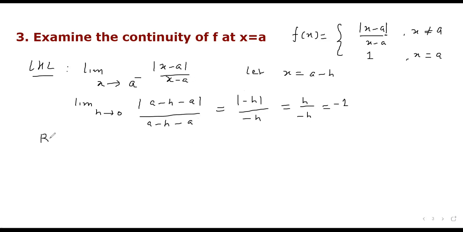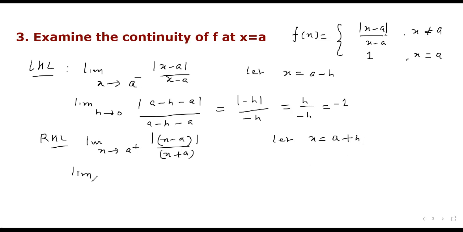Now we consider RHL. Limit x tends to a plus. We write the same function because it is not equal. So modulus of x minus a in the numerator, divided by x minus a, and let x equal to a plus h, where h tends to 0.